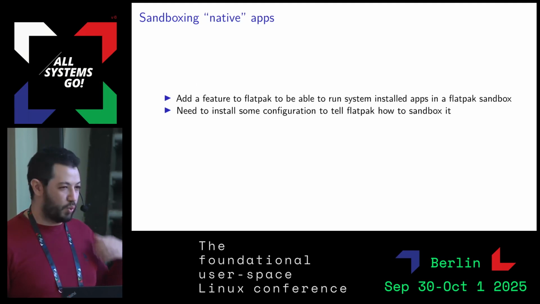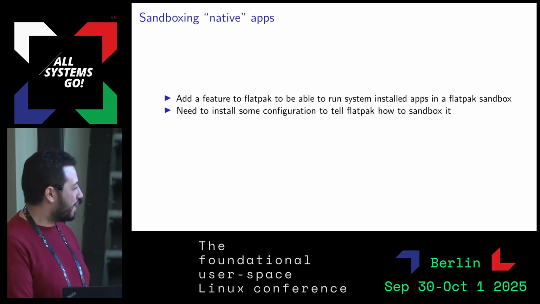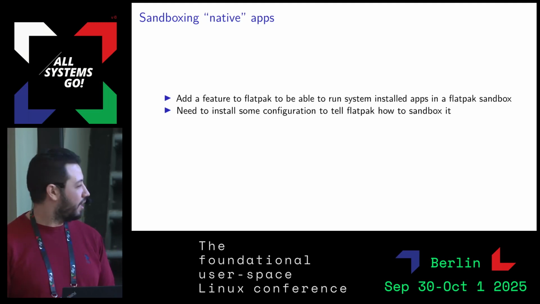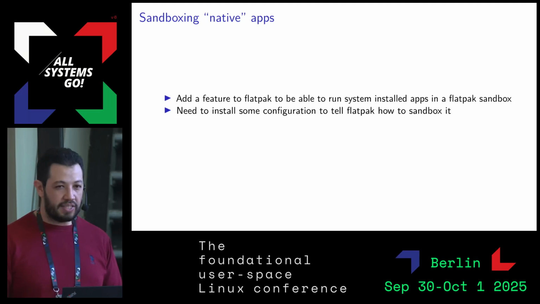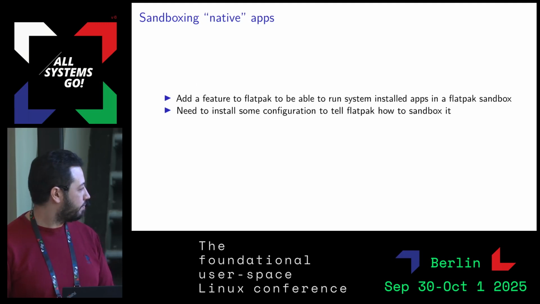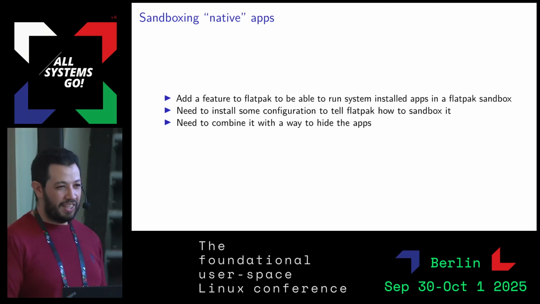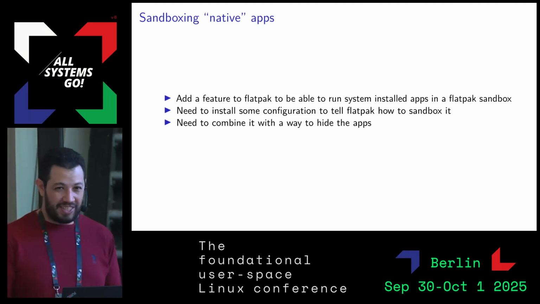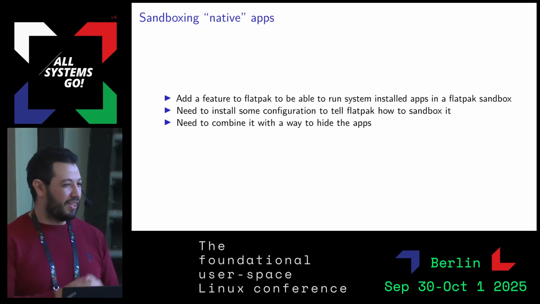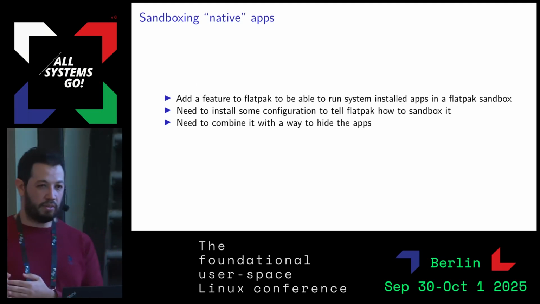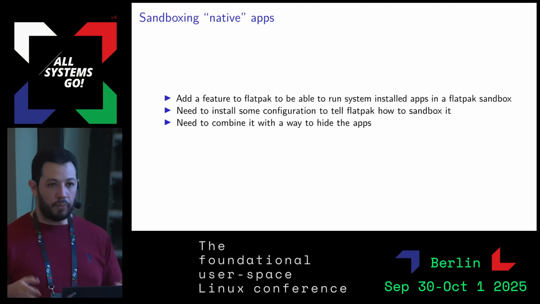So we need to figure out a new configuration format so that we can tell Flatpak how to sandbox an app. So for each app, we could have a configuration that says this is how you run this app, these are the permissions that it needs, and things like that. And we also need to combine it with a way to hide the apps, because these apps are already installed on the system. So we need a way to hide the apps from the updates, from the open with, things like that.